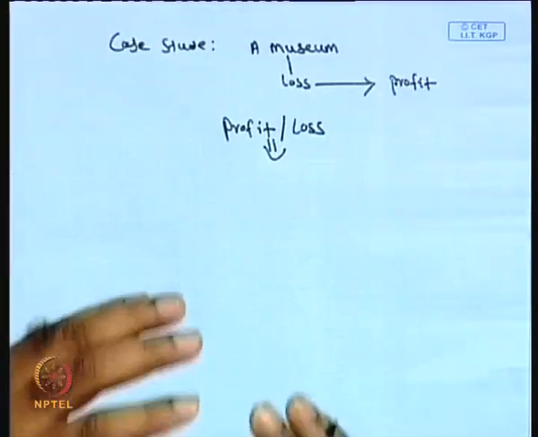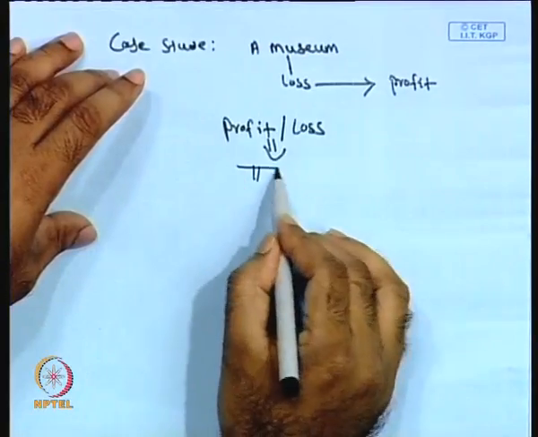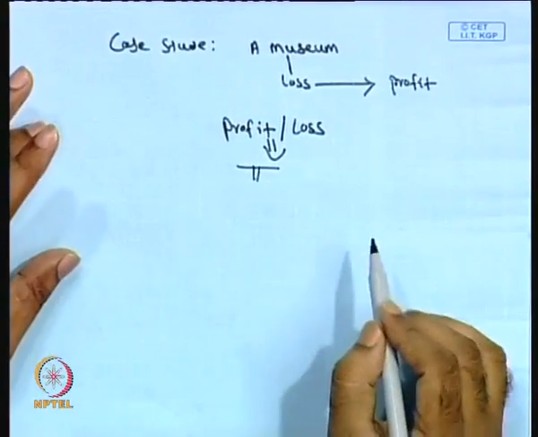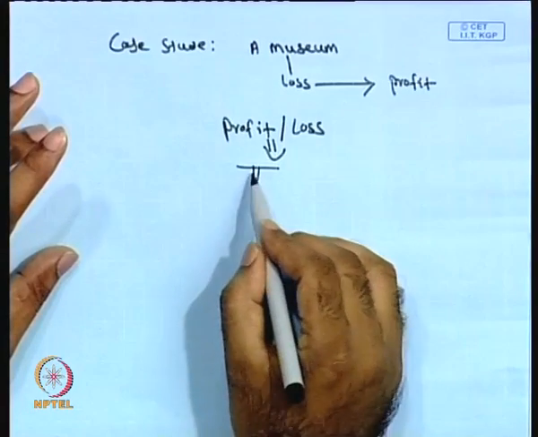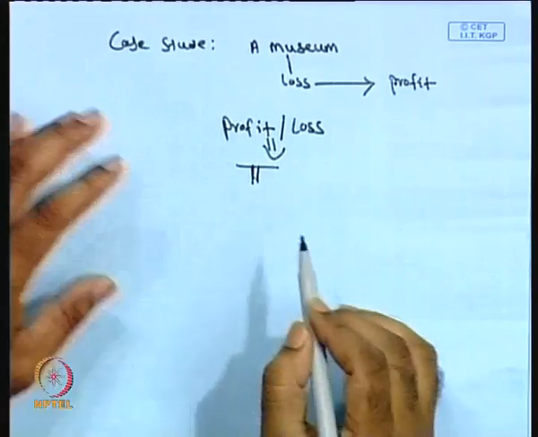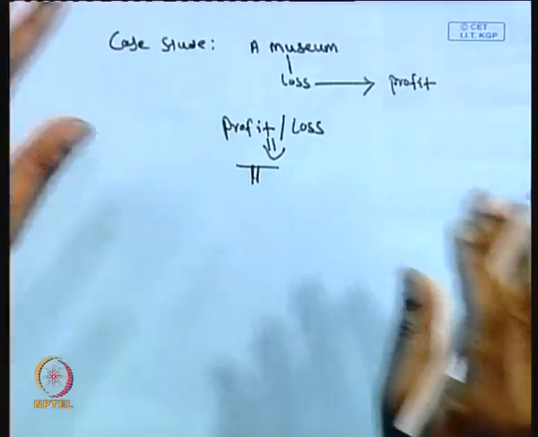In the business environment, profit is represented by the component called phi. Phi is the value which can determine the position of the business, whether it is in profit shape or loss shape.